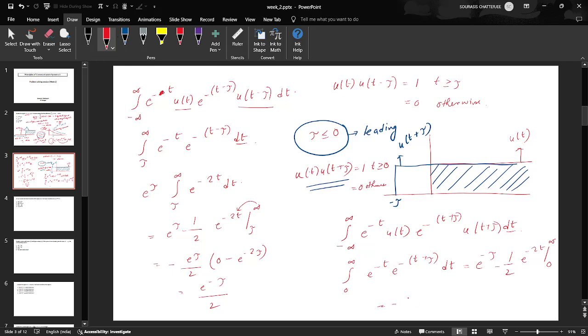What we will get? Minus e to the power minus tau over 2 here. We'll have infinity in place of t, so 0, and here in place of t we'll have 0, so it's 1. So here we have e to the power minus tau over 2.